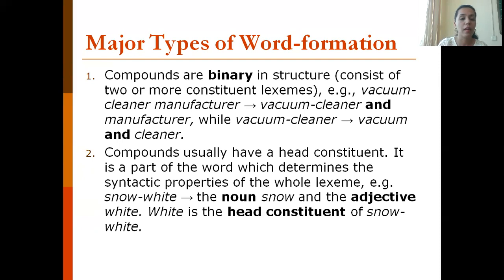Compounds usually have a head constituent. It is a part of the word which determines the syntactic properties of the whole lexeme. For example, snow white, the noun snow and the adjective white. White is here the head constituent of snow white.